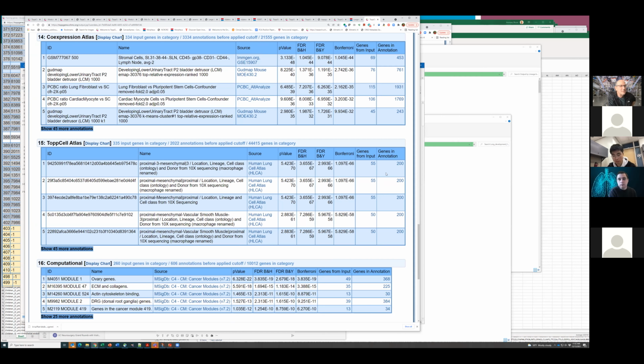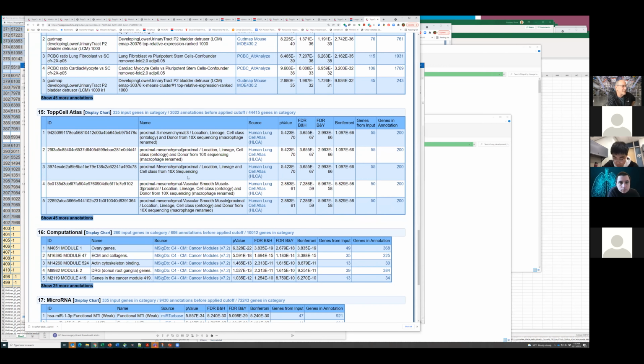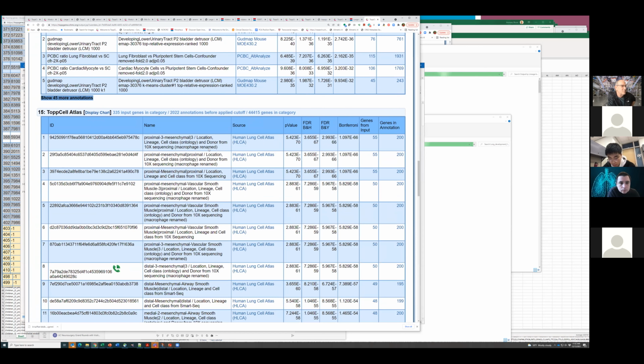But Jeremy, look at this. Here's this overlap now, and something comes out. It looks to me like when I look at these cells, the hit is much more significant for mesenchymal smooth muscle cells.